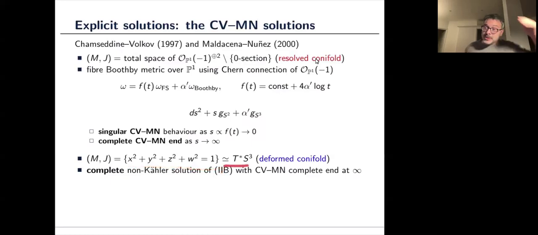As a smooth manifold, this is diffeomorphic to T*S3. And then you can write down an explicit solution of this 2B system, an explicit conformally balanced pluriclosed metric that is completely smooth on T*S3, but at infinity has this complete CVMN behavior.